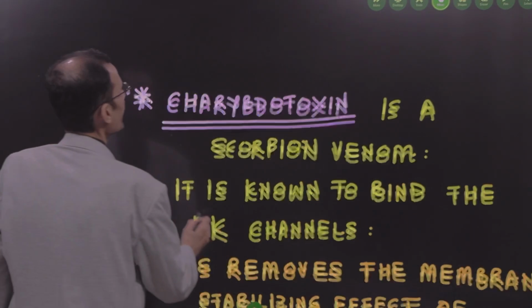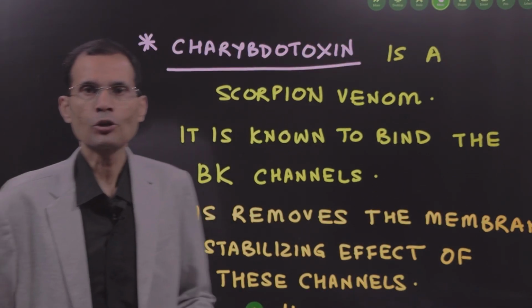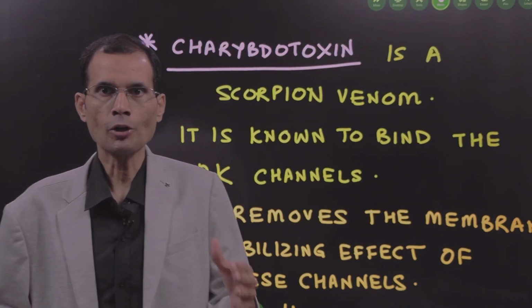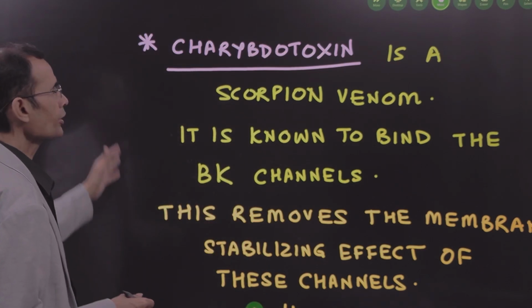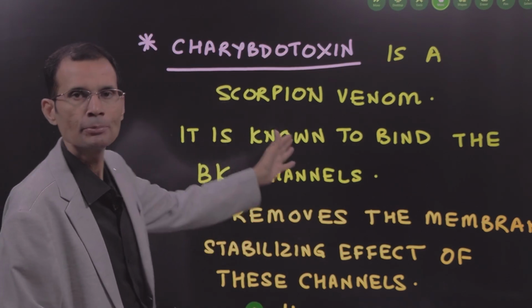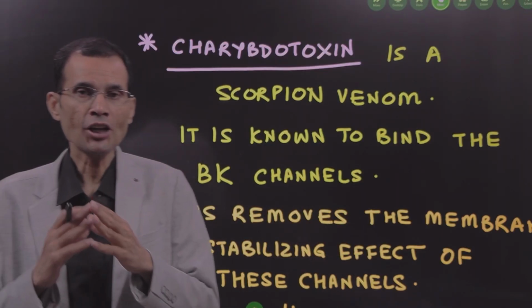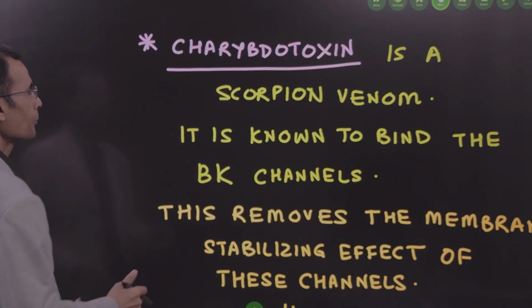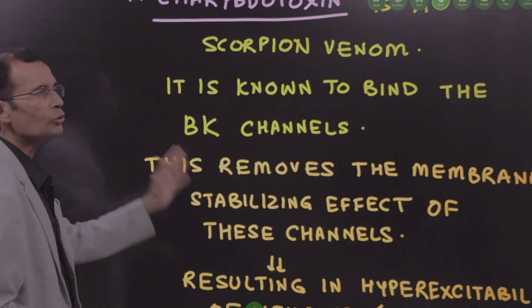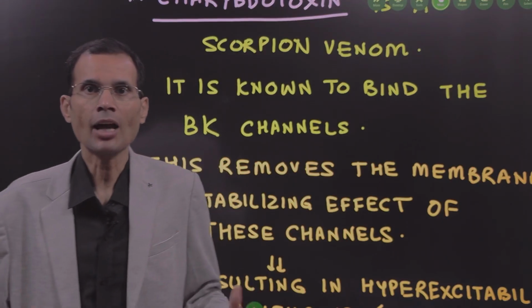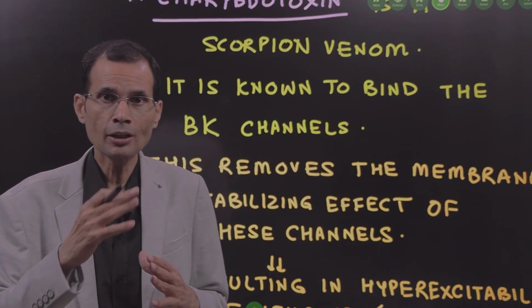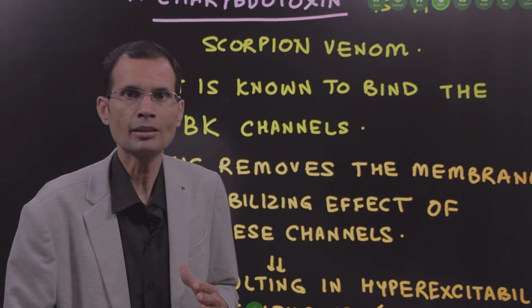Now let's see what happens next. We are talking about the death stalker scorpion, and its toxin is charybdotoxin. Now this charybdotoxin, the scorpion venom, is known to bind to these BK channels, these potassium channels.